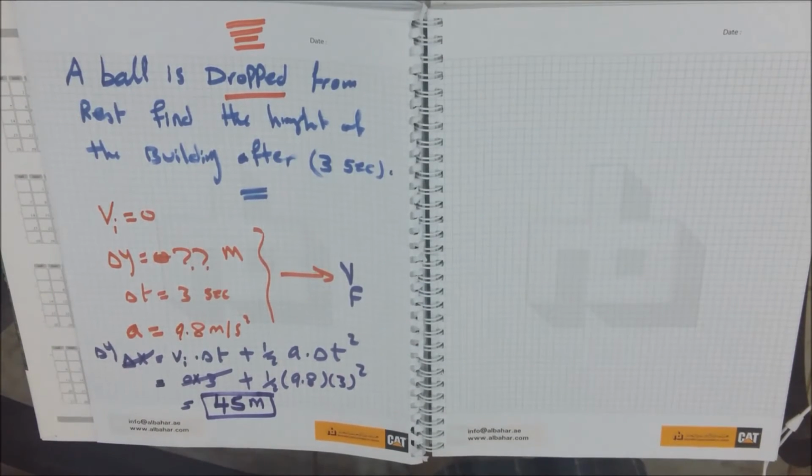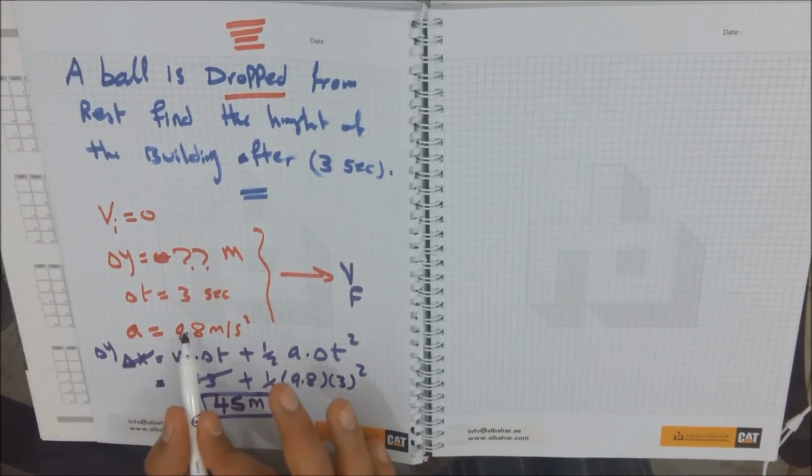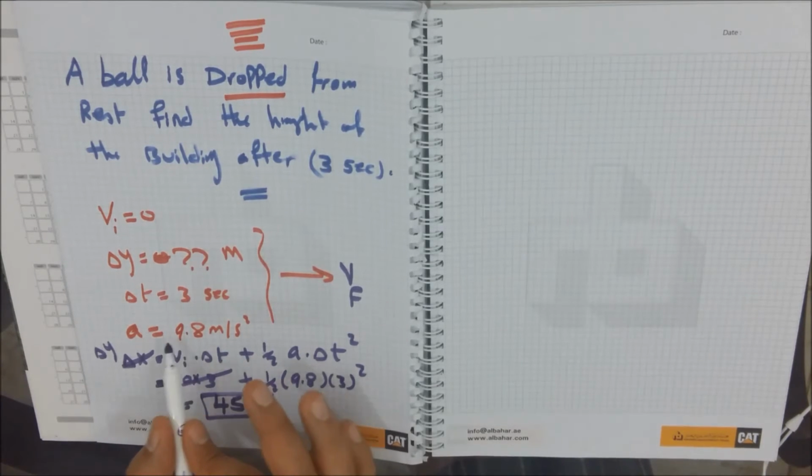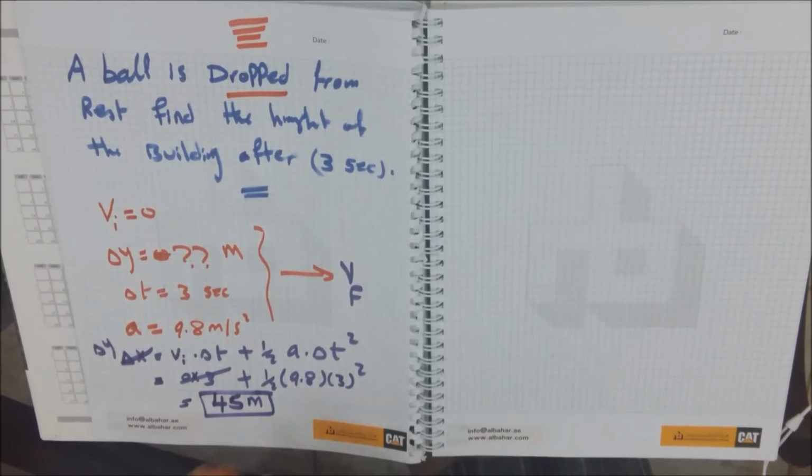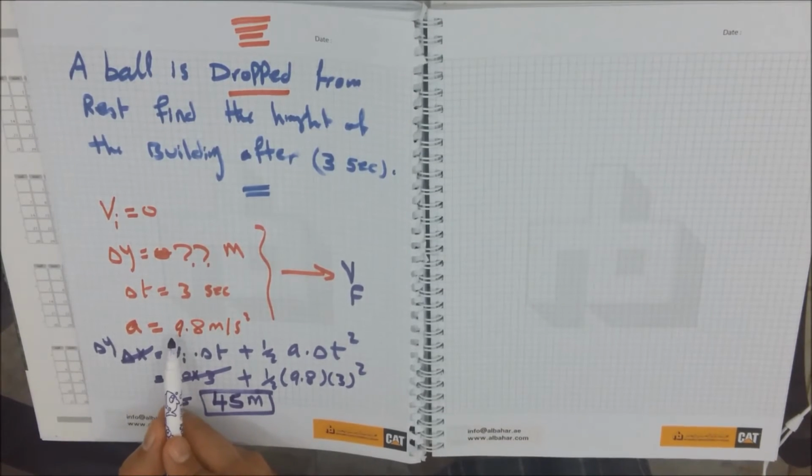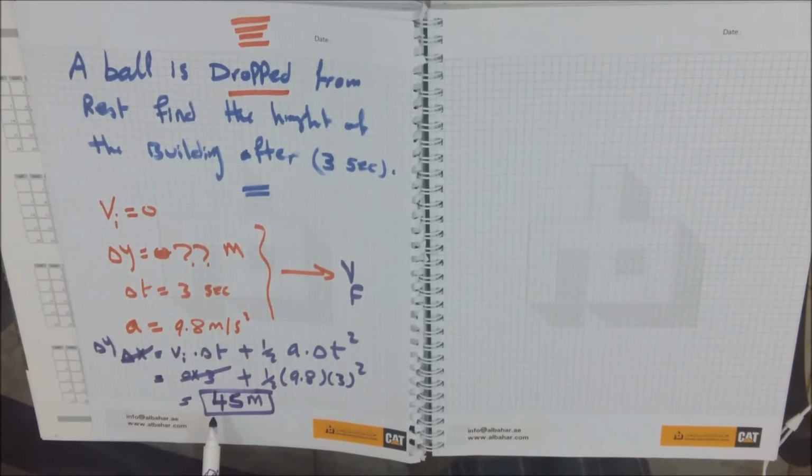This is the height. If you take the 9.8 as negative, your height would be negative, and this is logical because you are dropping an object. This means that the height is decreasing. So if you mention that 9.8 is negative, your height will be negative. This is logical because the height is decreasing and the object is being dropped or falling down.